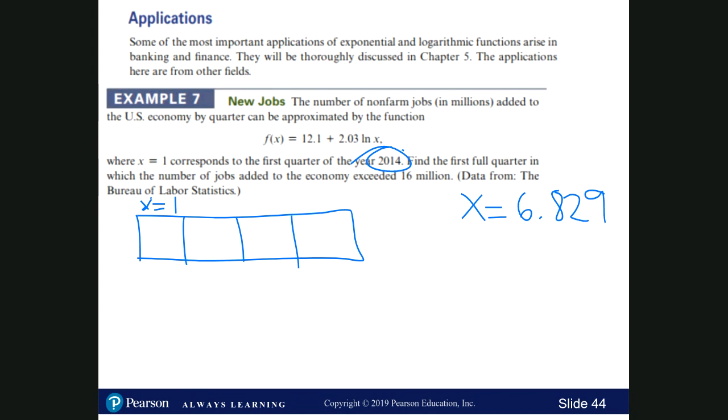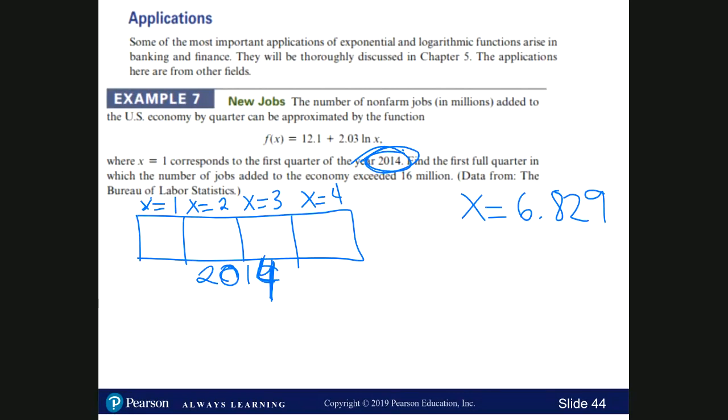And then x equals 2 was the second quarter. Then we had x equals 3 was the third quarter, and x equals 4 was the fourth quarter. This is 2014, that is what the problem states right here.